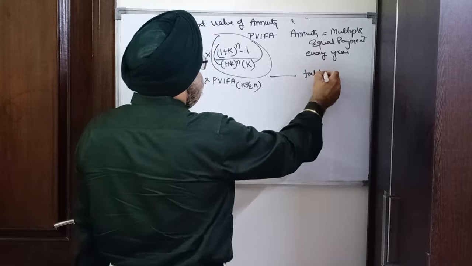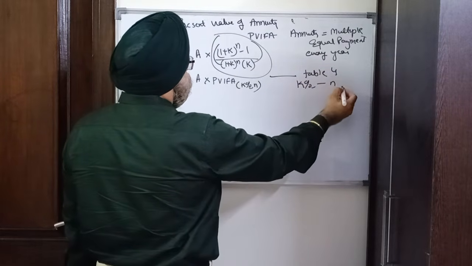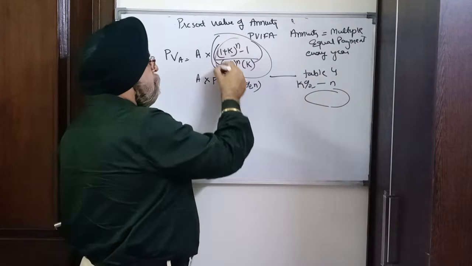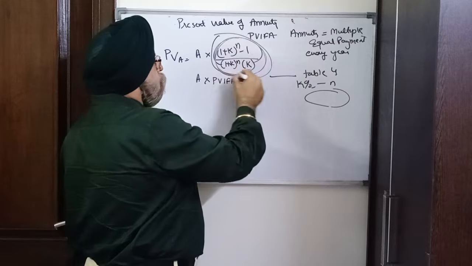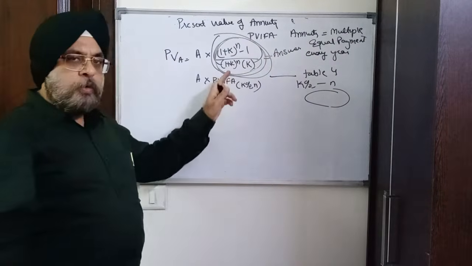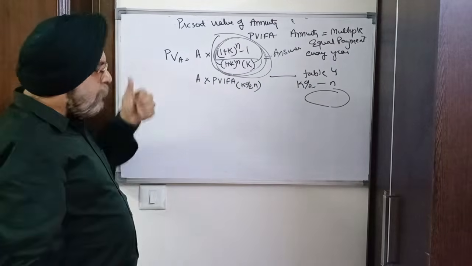Straight away, don't calculate it. Table number 4 k पे देखिए n years में जो भी amount होगा, जो भी value होगी, that will be the last value. इसका आंसर होगा वो जो टेबल में दिया हुआ है. आपको कैलकुलेट करने की जरूरत नहीं है. उस आंसर से a को मल्टीप्लाई कर दीजिए, you will get the answer.